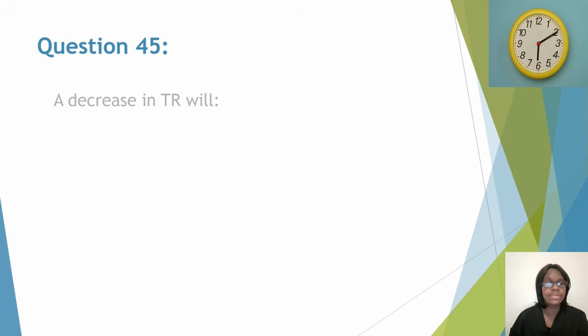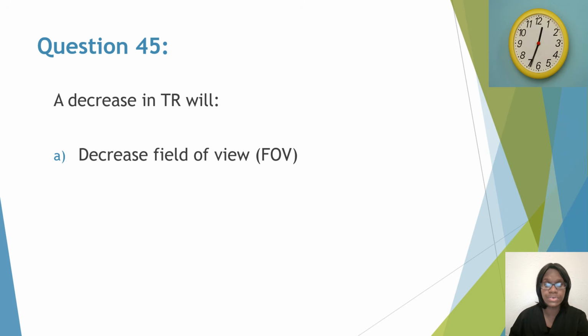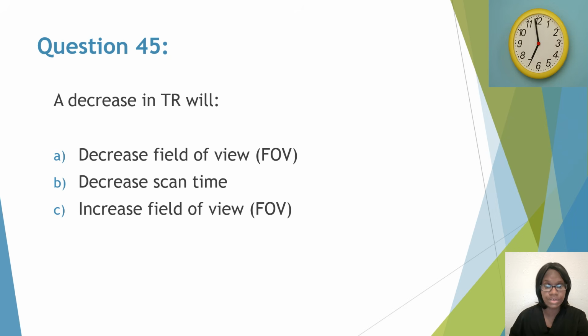Question 45. A decrease in TR will A, decrease field of view, B, decrease scan time, C, increase field of view, D, increase scan time.